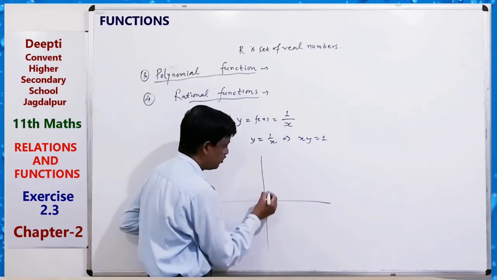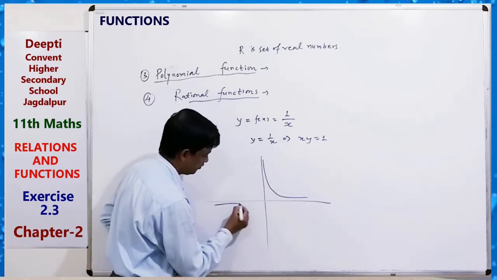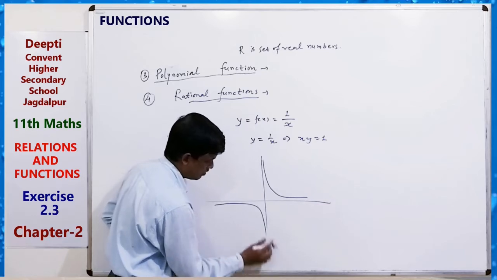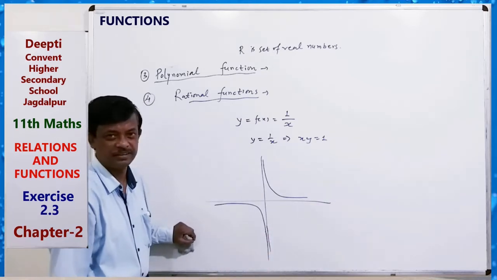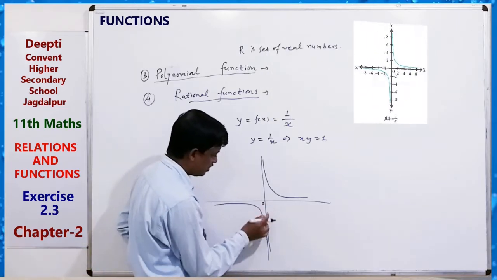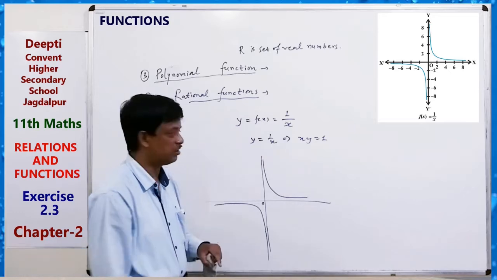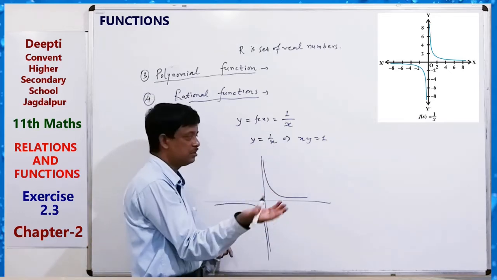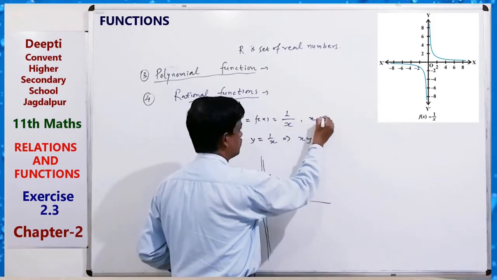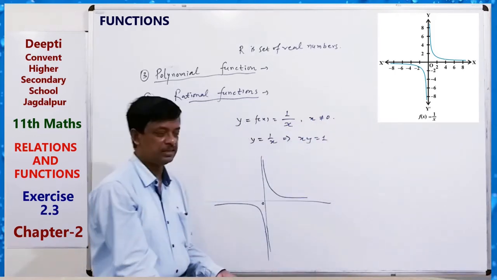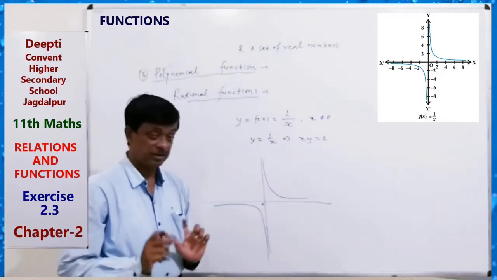You have to draw it like this, not touching, just likely to be touching. This is 0. 0 is not included in its domain because the denominator is not equal to 0, x is not equal to 0. If x is equal to 0, then this will be infinity. So 0 is not included.